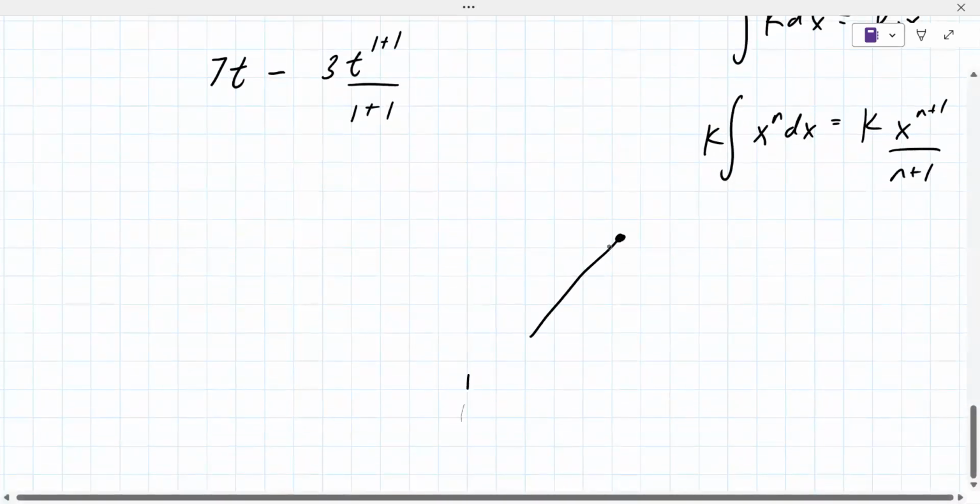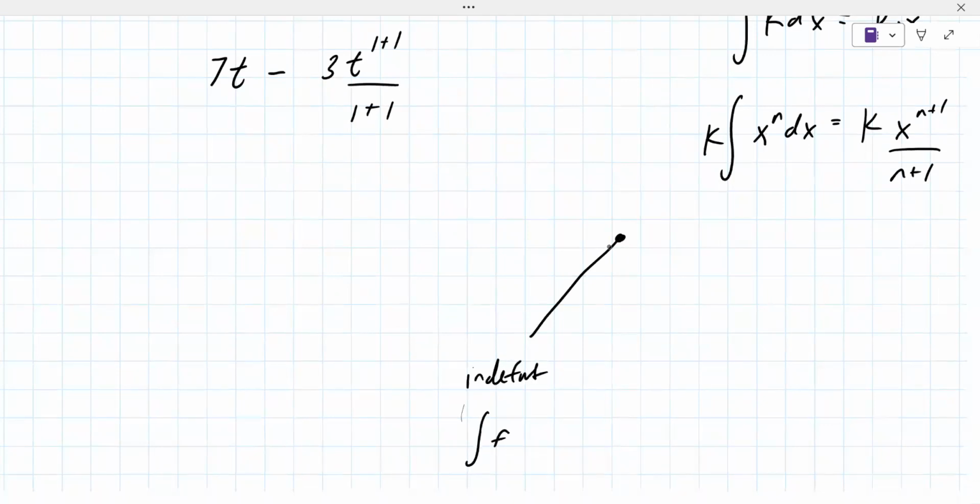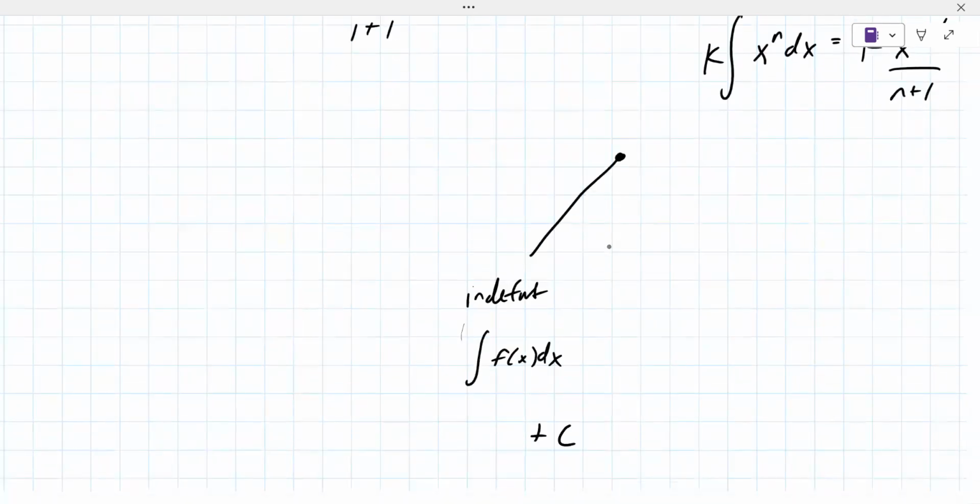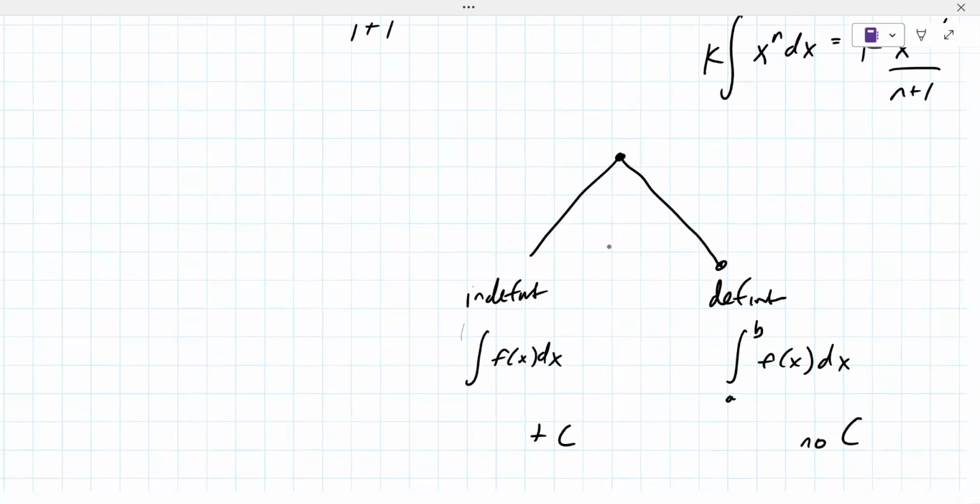There's indefinite, that's the integral of some function dx, and it always has a plus C. What we're doing today are called definite integrals. Integral from a to b of f of x dx, and there's no C. I'll explain why and what the mechanics are in a moment.